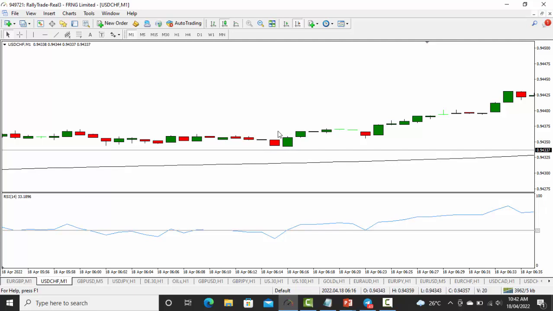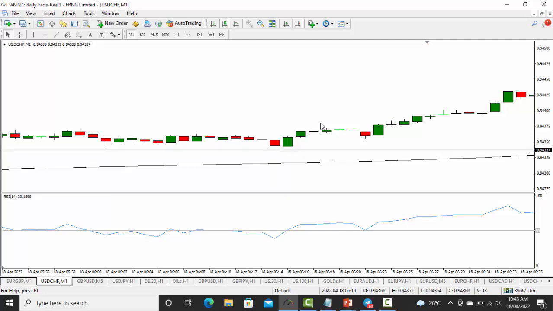Immediately I saw this, I could have taken a buy, and I have my stop loss below the low, and currently there's no other low at this time that is lower than the low of this bullish engulfing. So I put my stop loss below here, and I target minimum 2 times the size of my stop loss.